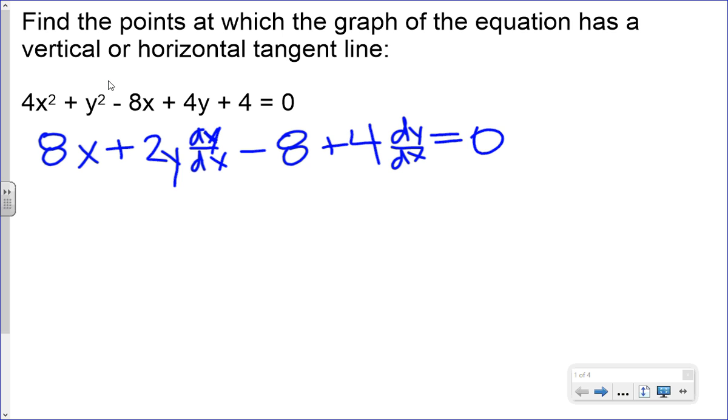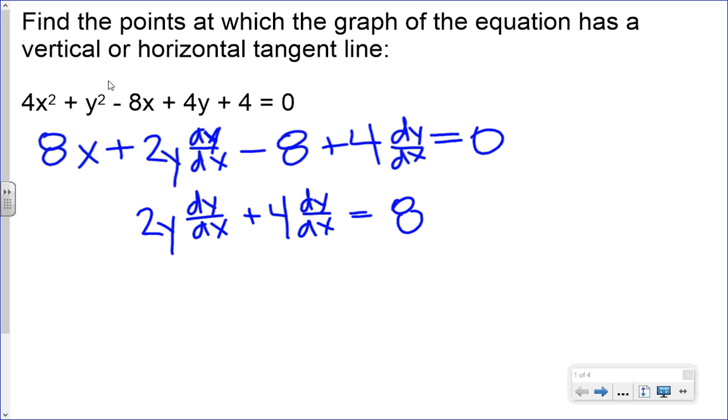Okay? As we discussed yesterday, you need to keep everything with dy/dx on one side and anything without on the other. So I am going to keep 2y dy/dx plus 4 dy/dx over here. And then I'm going to add the 8 over and subtract the 8x over.